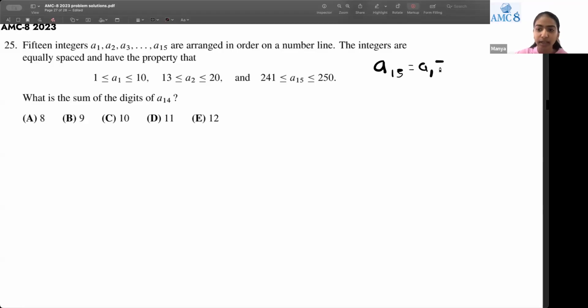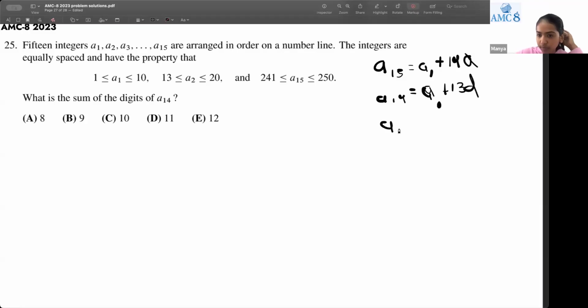We don't know what that distance is, but we'll have to add 14 distances, since there are going to be 14 gaps between A1 and A15. And then A14 should be equal to A1 plus 13D.